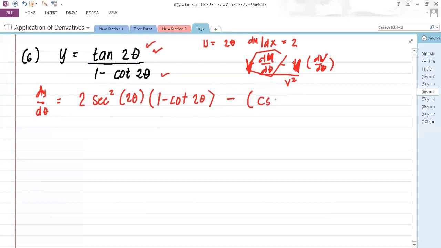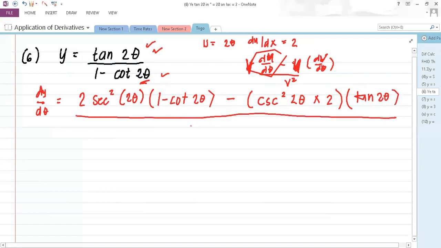So, cosecant squared 2 theta. Okay, so you have to multiply this by the derivative of 2 theta, that is 2. So i-multiply mo siya ng 2. Okay, that is the derivative of the denominator. I-multiply mo siya sa numerator, which is tangent of 2 theta. Okay, over the denominator squared. So the denominator is 1 minus cotangent of 2 theta squared.